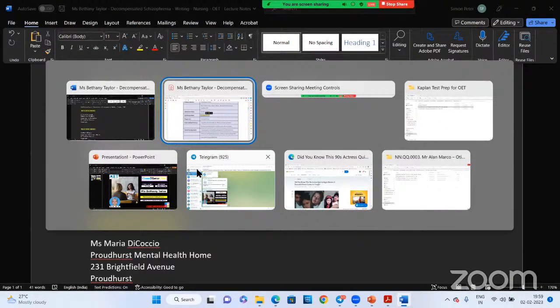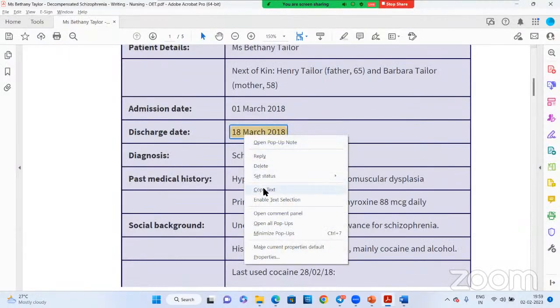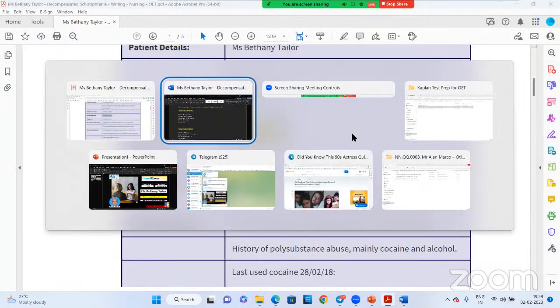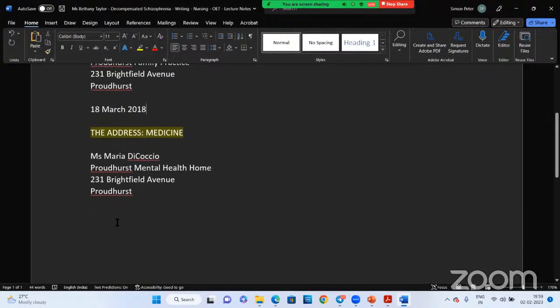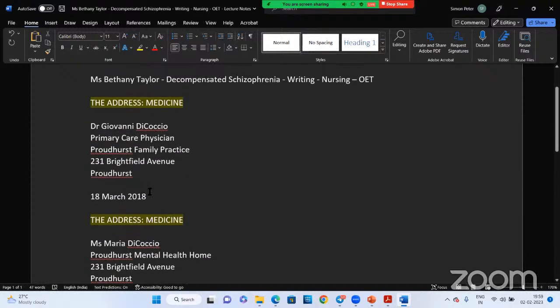So leave one line after everything. This is the date, the address over, and the date.